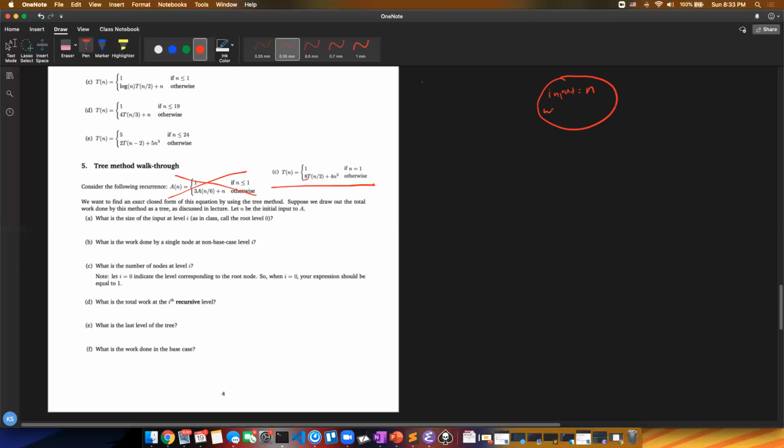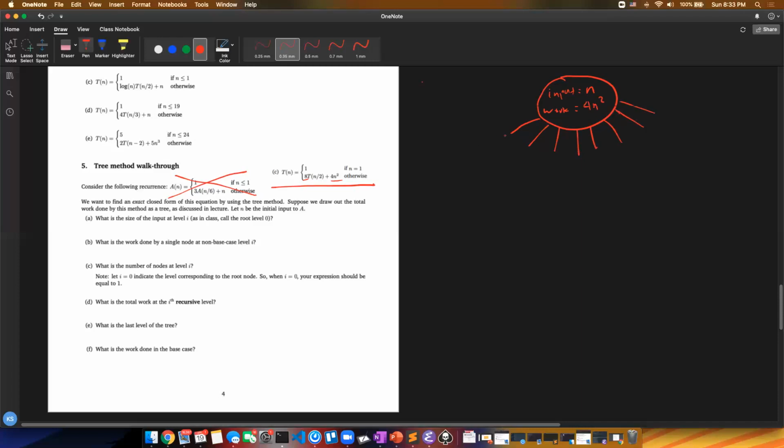And the work we do at the top node will be given by 4n squared, given by this right here. And then since there are 8 recursive calls, there should be 8 branches coming out. 1, 2, 3, 4, 5, 6, 7, 8.